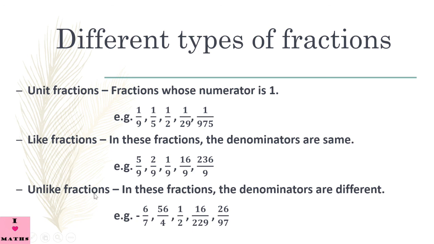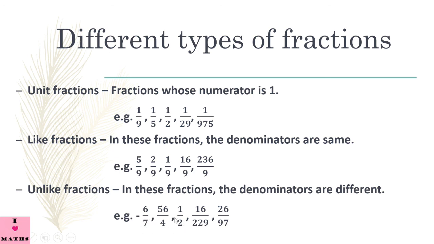Unlike fractions. Now, in these fractions, children, the denominators are different. The fractions which have different denominators mean one whole has been divided into different parts. For example, in the fraction 6 upon 7, one whole has been divided into 7 equal parts.